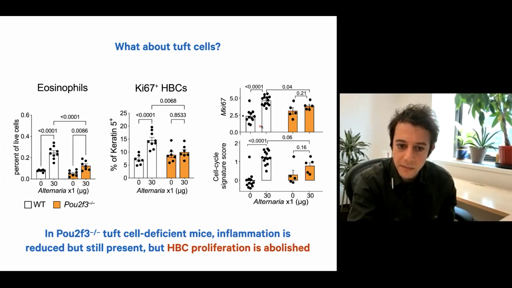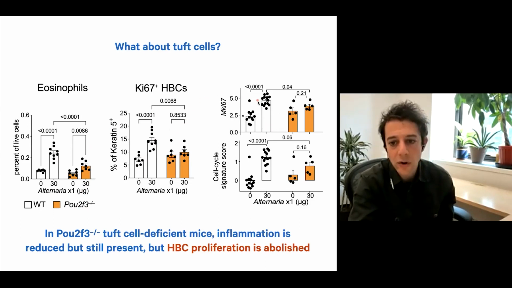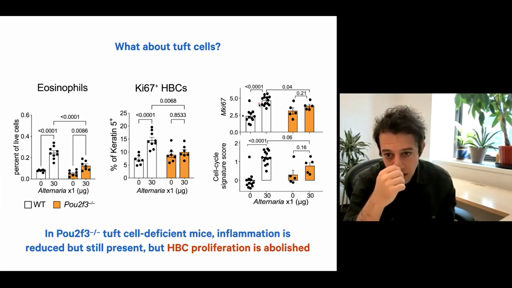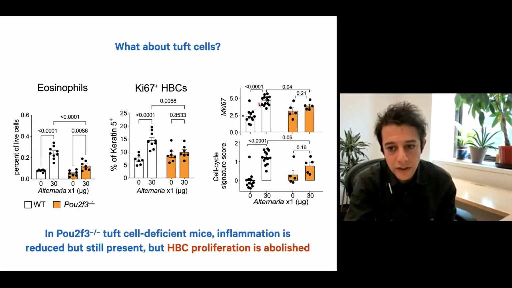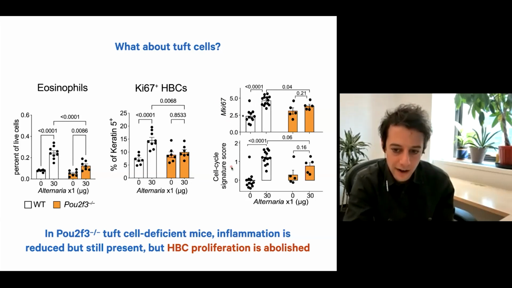So there's both no increase in the proportion of proliferating stem cells by FACS and no increase in the expression of cell cycle transcripts in isolated HBCs by bulk RNA-seq, so no increase in Mki67 and no increase in the cell cycle signature score in the tuft cell deficient mice.